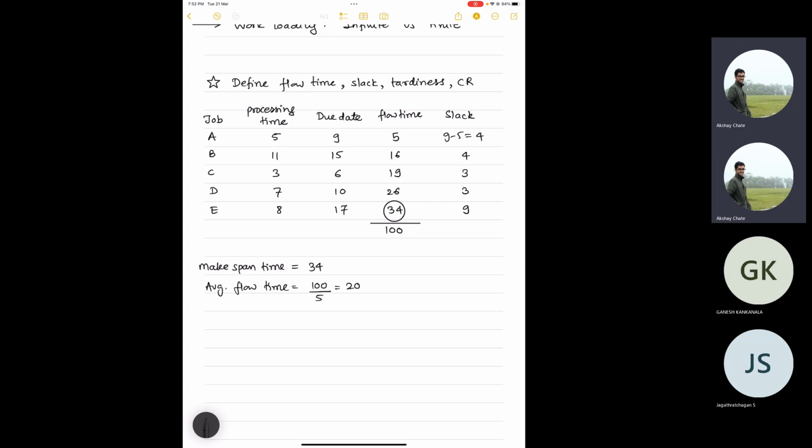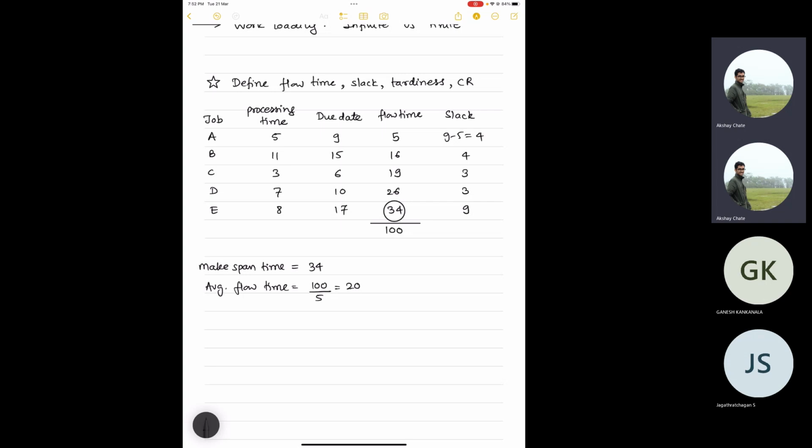If you start on day 9, then within the next 8 days you can finish it and deliver on the 17th day. So the higher the slack, the later the delivery can be done. Vice versa, if you have lower slack, you need to make sure your delivery is faster, or you need to prioritize that job.